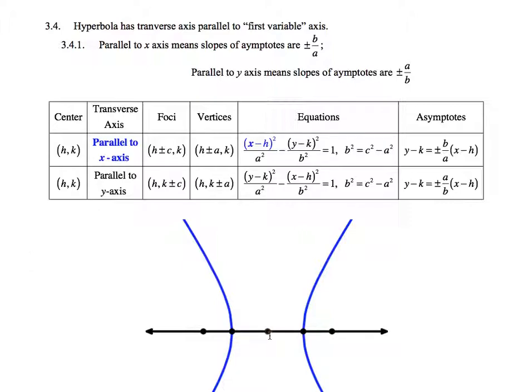the center. And so when the first variable in the equation of the hyperbola is the x, it's the x quadratic term, then the hyperbola is going to look like this, with its transverse axis going left and right, and the hyperbola opening left and right.